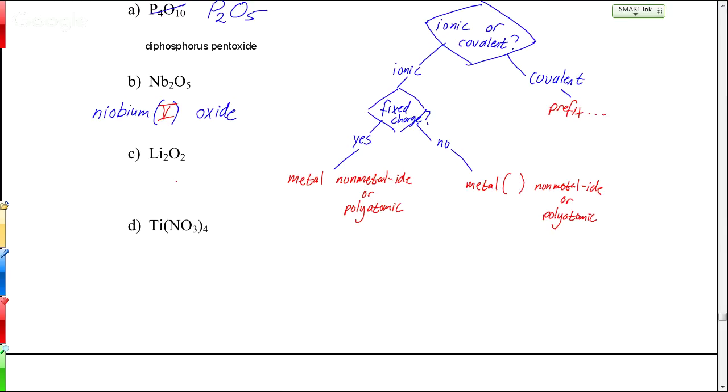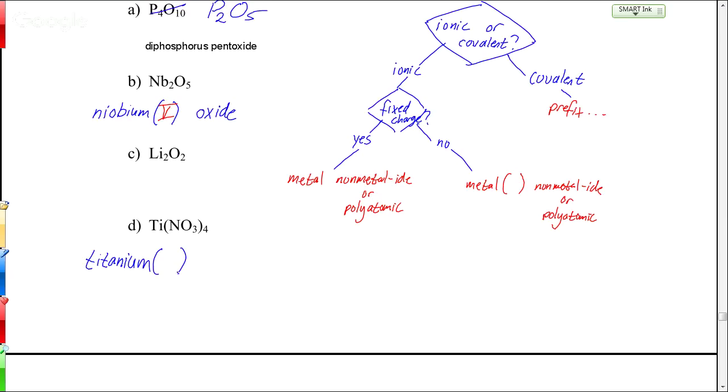So this is going to be a similar name as part B. So titanium, blank, and then what do we put for the anion? What's NO3? Anybody remember that one? I know I just gave you the list. Nitrous oxide? Close.